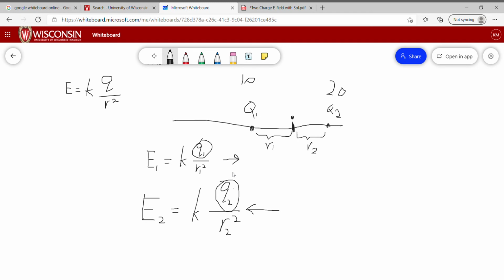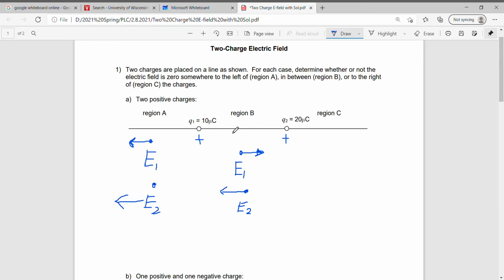Because Q2 is larger than Q1, if we want E2 to equal E1, then R2 has to be larger than R1, which means it's somewhere over here, where R2 is larger than R1.